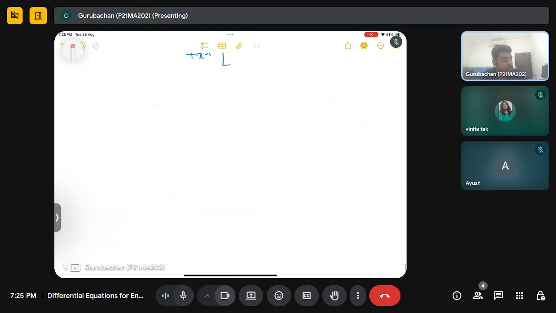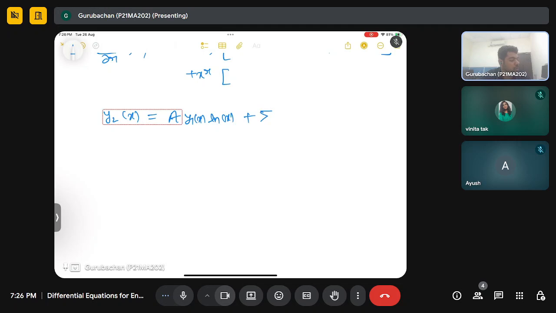There is one more approach I forgot to mention here. Another one is to find y2(x) as some a y1(x) ln x plus x to the power r2 summation n 0 to infinity dn x to the power n.